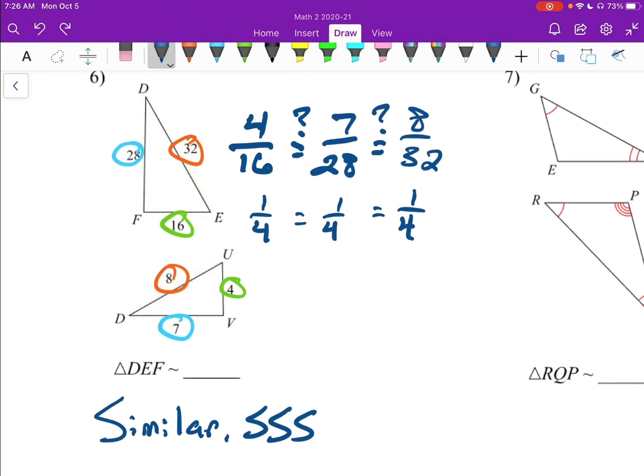So we're going to have triangle D, and then E is between the orange and the green. So between the green and the orange is going to be U. And then the last one left over is V.